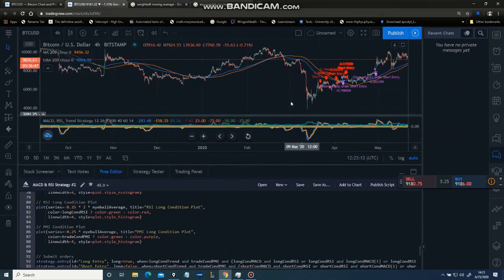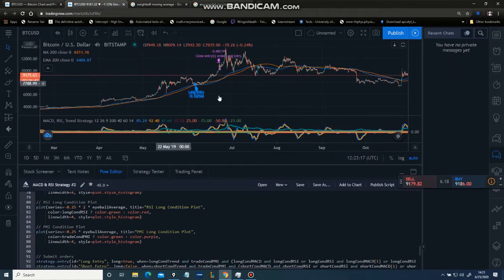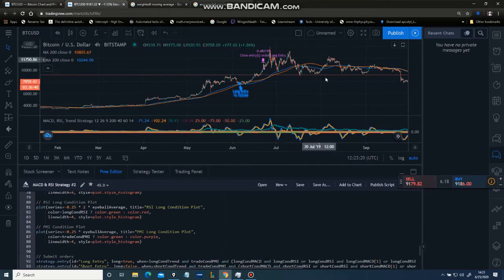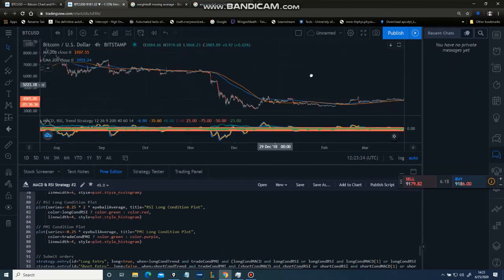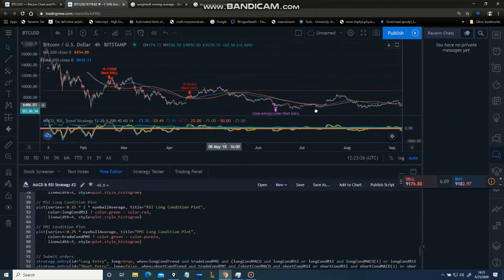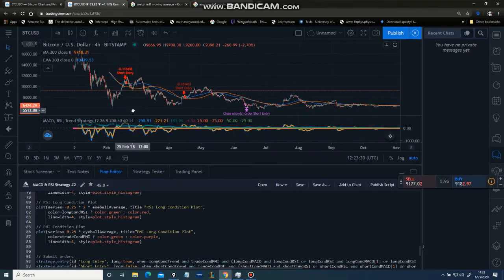So this begs the question: if the price increases or decreases high enough and then fluctuates, does it signal a different trend where I should reset the indicator? That's a big question.